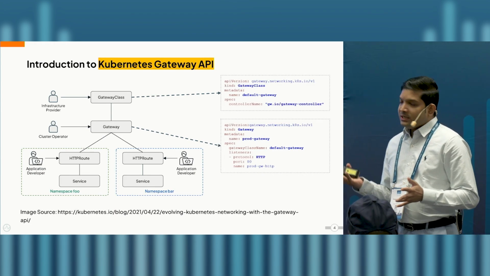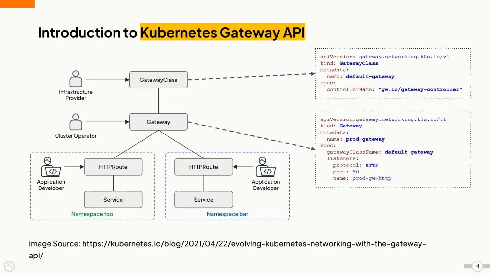The Kubernetes Gateway API was introduced in 2019, which basically addresses the limitations in the ingress specification, and also it introduces API gateway management into the Kubernetes landscape.